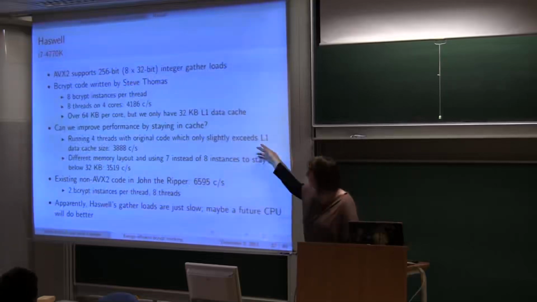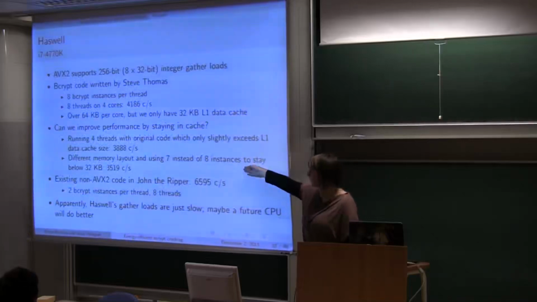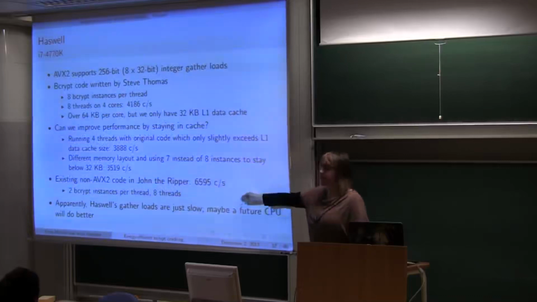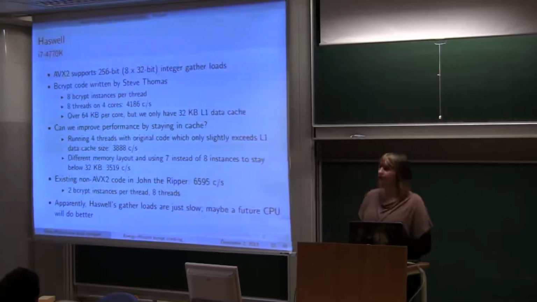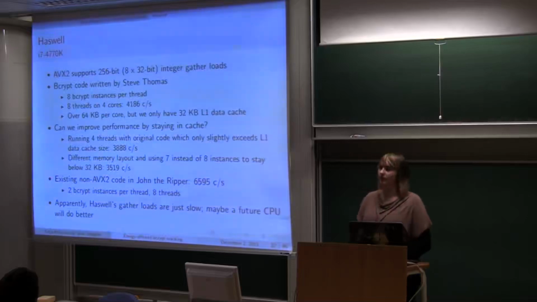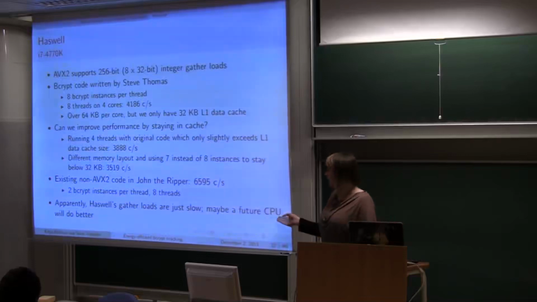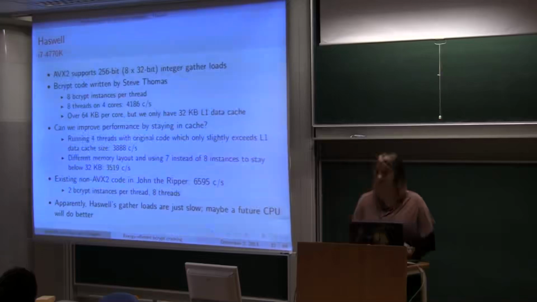We reorganized, changed the memory layout, and used 7 instead of 8 instances, which resulted in this performance. But non-AVX2 code in John the Ripper is actually much faster than using AVX2 and its gather loads. So we can conclude that the loads are just slow, and we hope that future CPUs will do better.